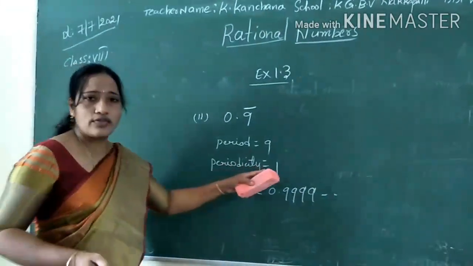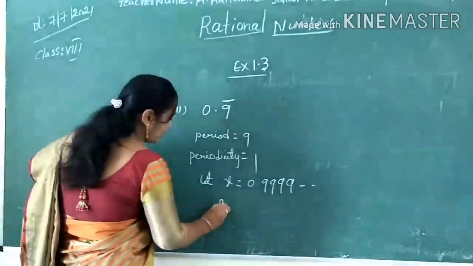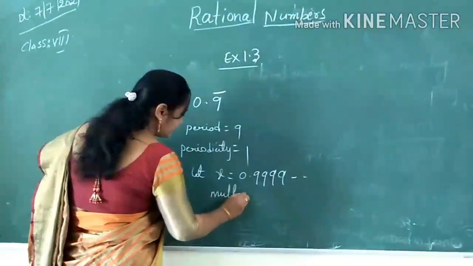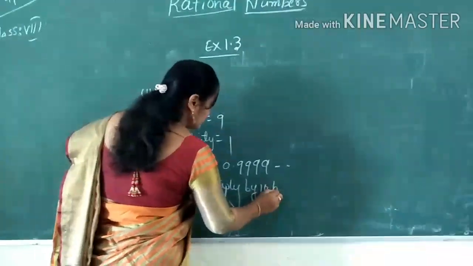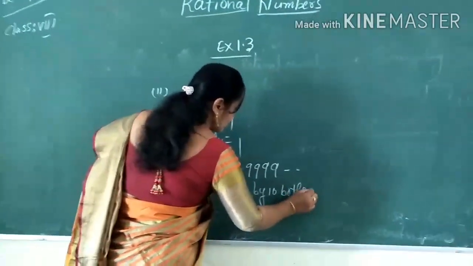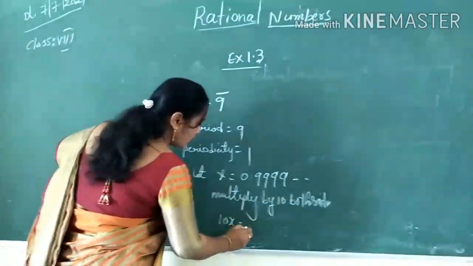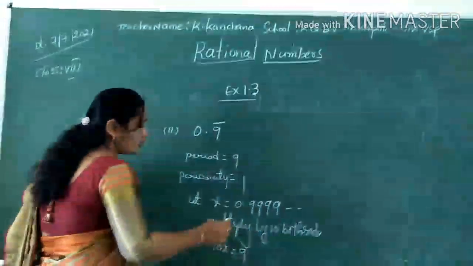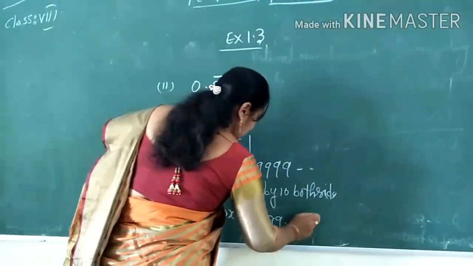Here the periodicity is 1, so I have to multiply both sides by 10. So 10x equals 9.9999. This is the second equation.